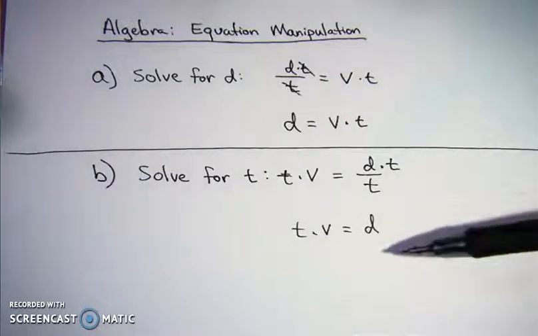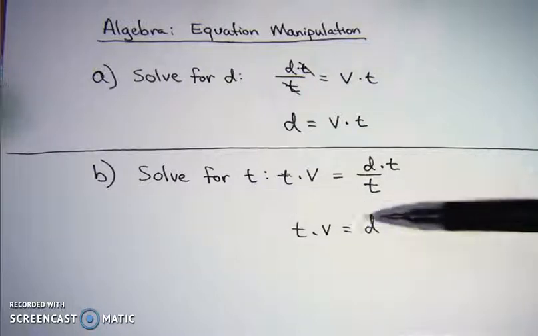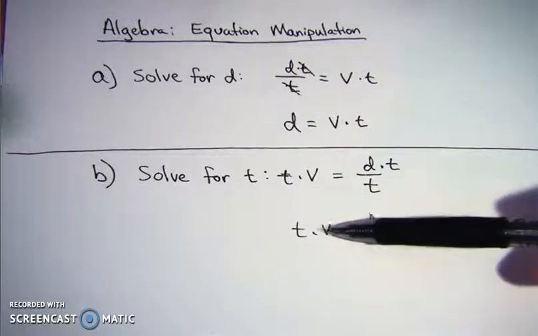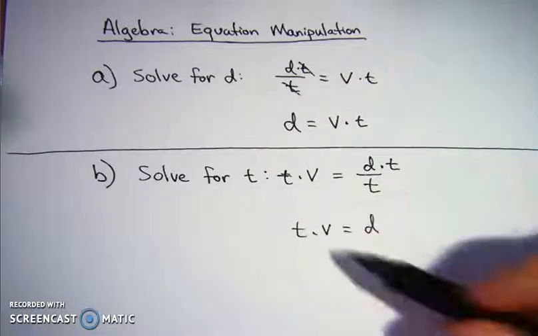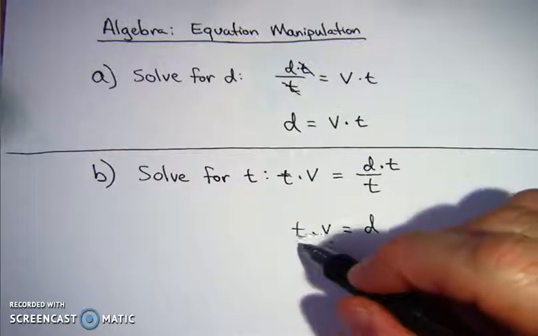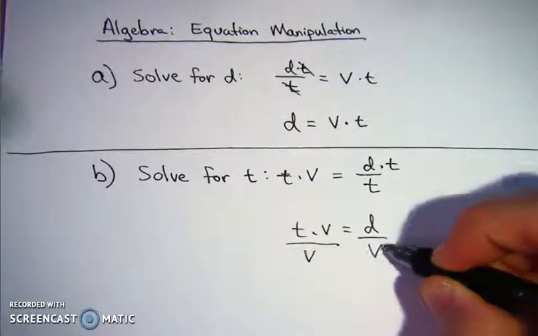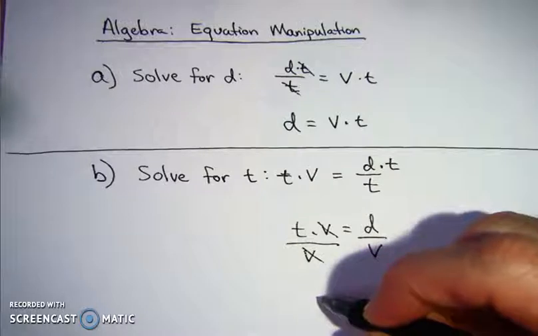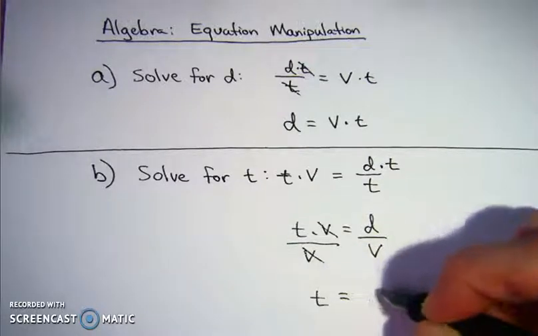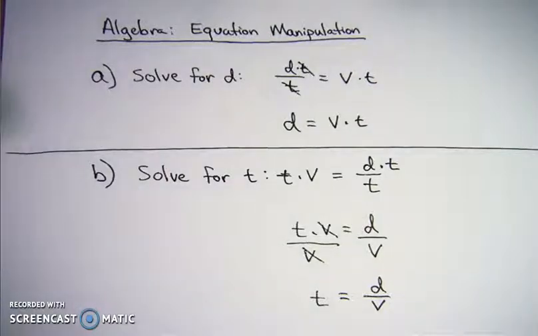So now we have it out of a fraction, but we want to solve for t, and d is isolated right now, so we need to isolate t and get it by itself. So if we're multiplying by v, what's the opposite of that? What can we do? Hopefully you said divide by. So we'll divide both sides by v. That will cancel out v, and t will equal d over v. And that's how we isolate t in that equation.